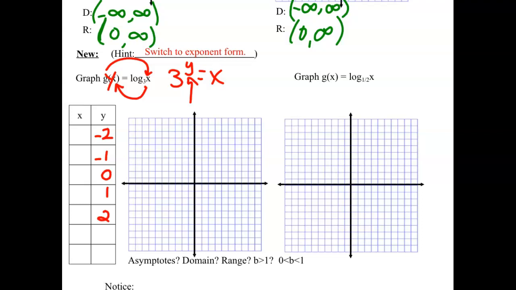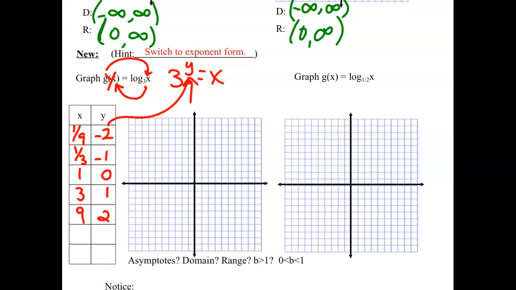All right, so if we take 3 to a -2 power, what do we get? Okay. If we take 3 to a -1 power, we get 1/3. 3 to the 0, 3 to the first power, and 3 squared. What do you notice about those points compared to the first example we did today?